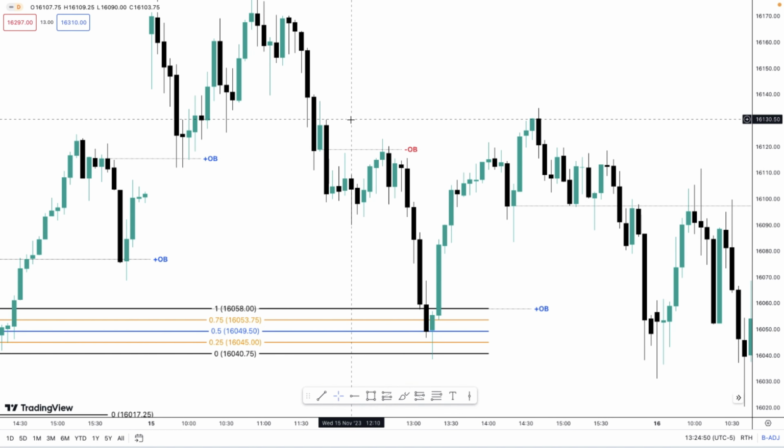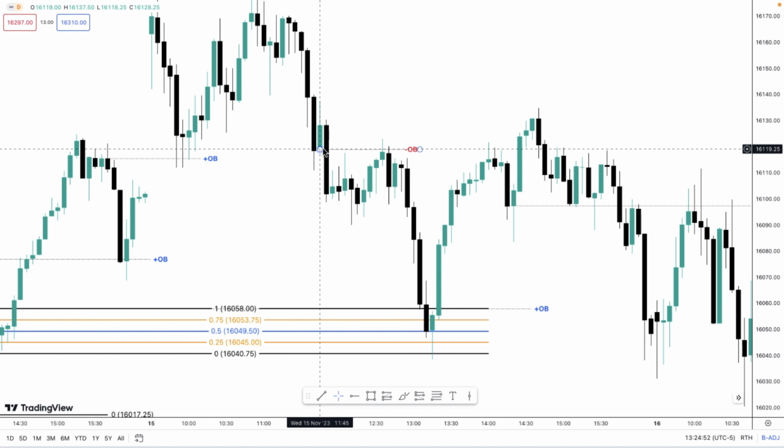Because I'm telling you that an order block is simply a change in the state of delivery. What makes an order block is its opening price. So what makes the candle the order block is the opening price of that candle.